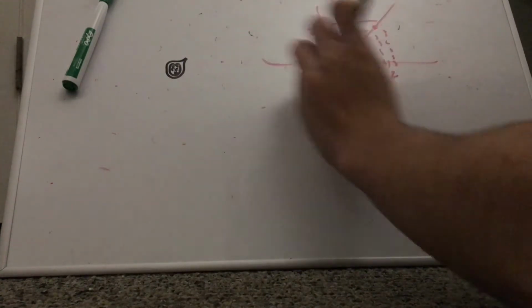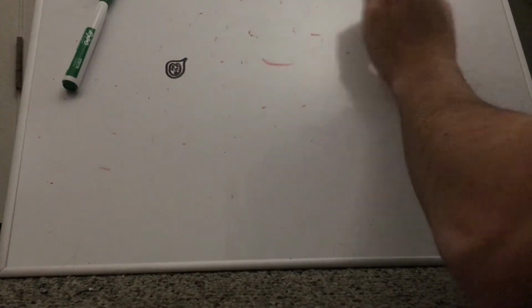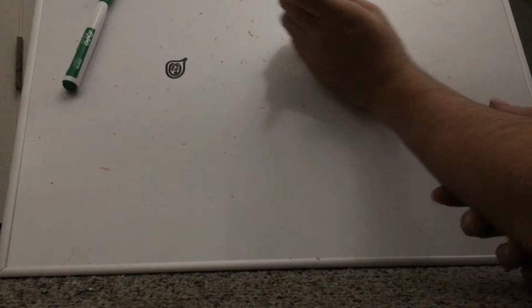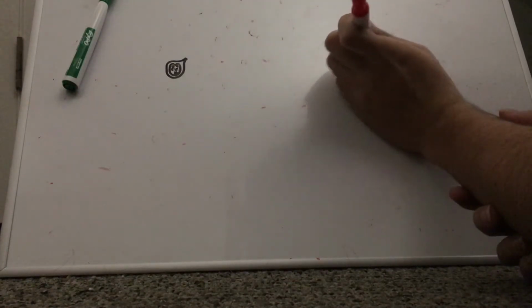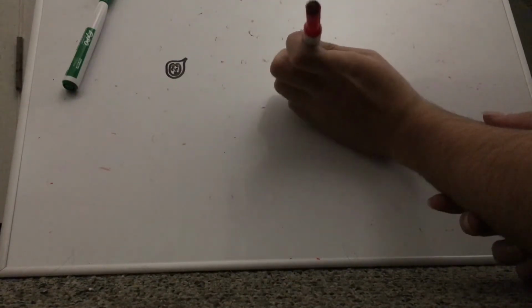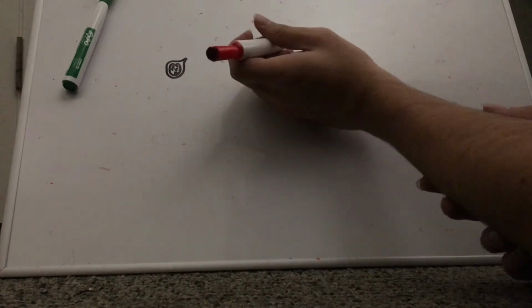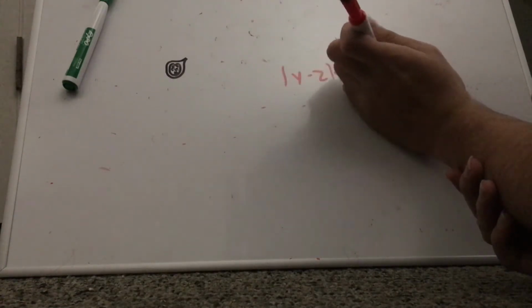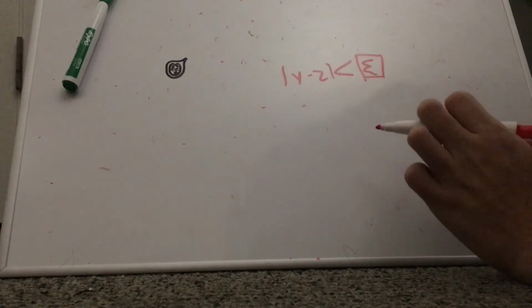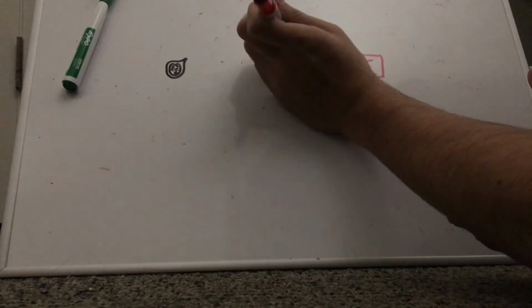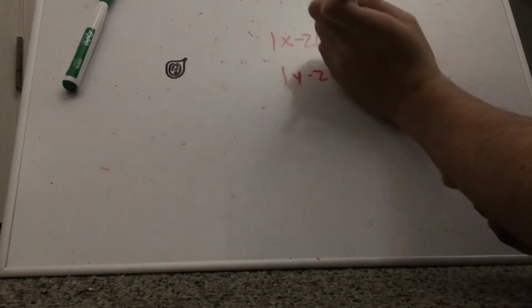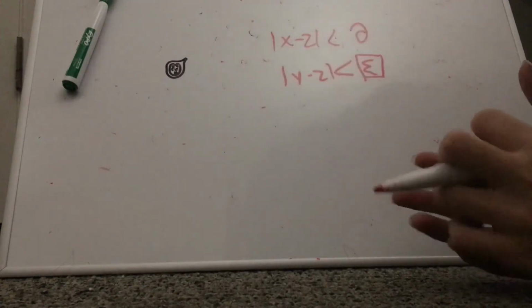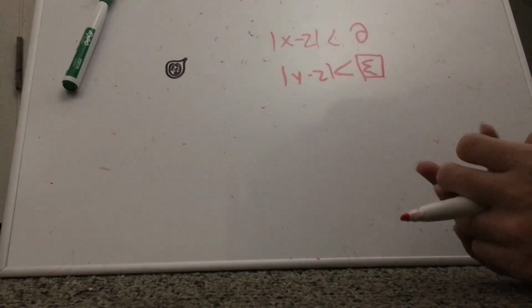Now, the way we define this mathematically, the way we make this a little more rigorous, per se, is we say that if we want to be within a certain value of whatever our y value is, let's say 2 like before, if we want to be within a certain positive value, epsilon, of 2 in our y value, then we just have to get within a certain distance, delta, of 2 with our x value.